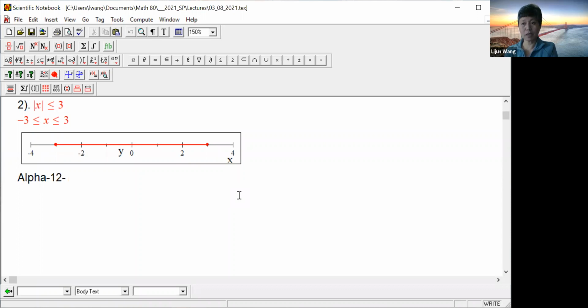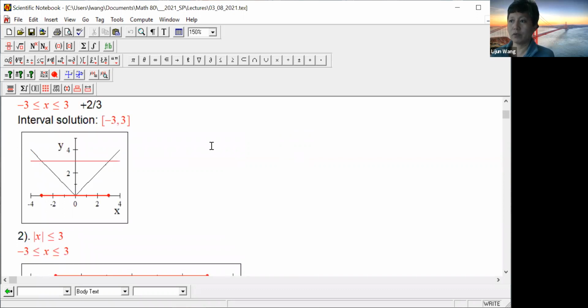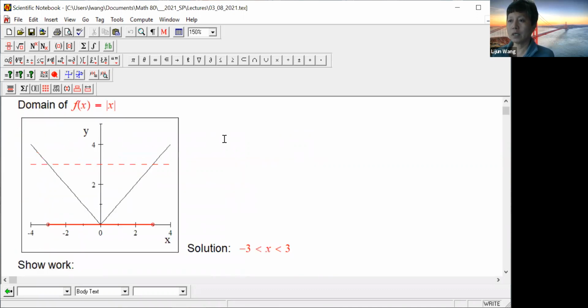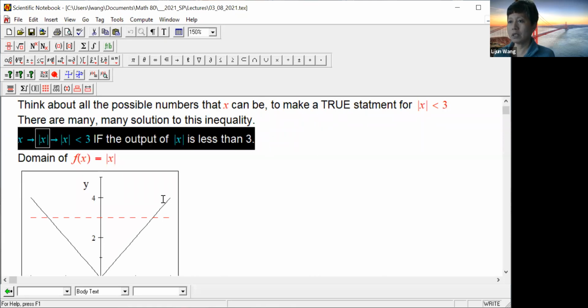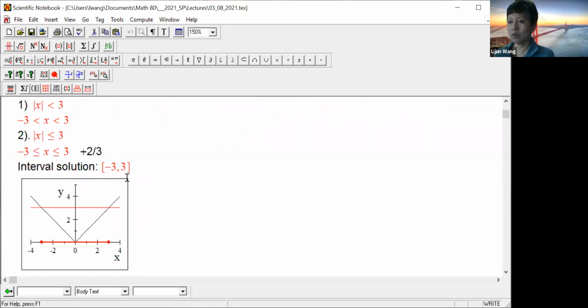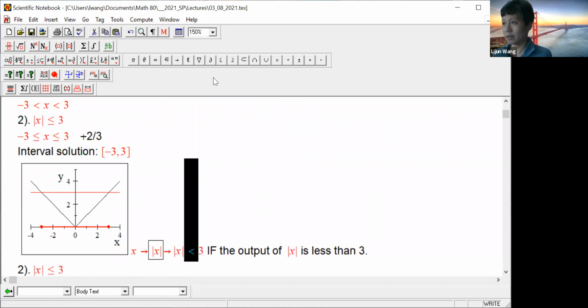I want you to reflect on these meanings which we addressed. It's an if statement, but we have addressed these different perspectives. The function perspective here, and here we want less than or equal to 3. So this time it is less than or equal to 3.